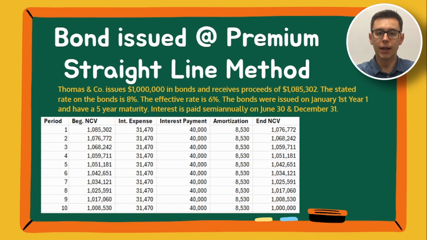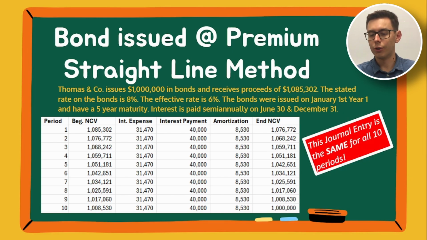We're slowly amortizing, we're slowly chipping away at that premium one period at a time. And you'll notice as you go down the periods closer to 10 in the bottom right hand corner, the eventual goal is to get to the face value, is to get to that $1 million. So as we slowly amortize, as we decrease it equally over the life of the bond, we eventually arrive at the face value.